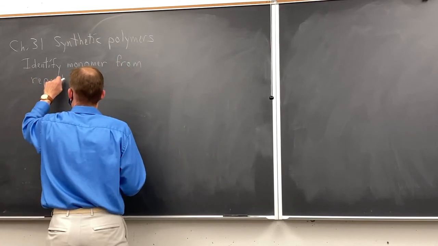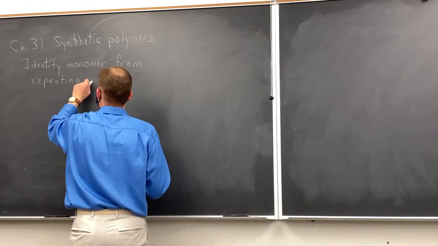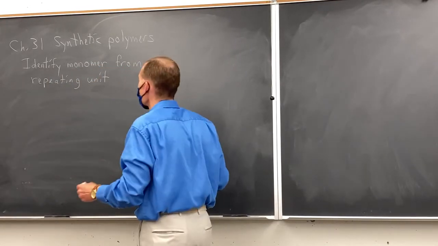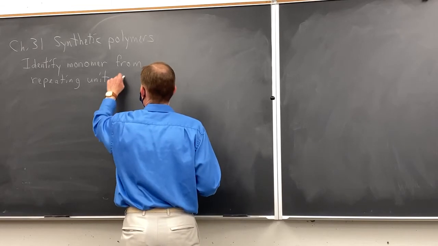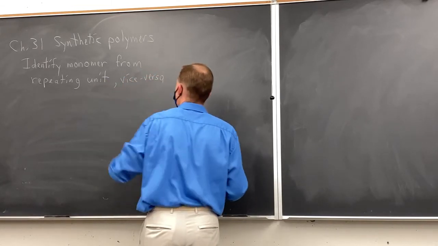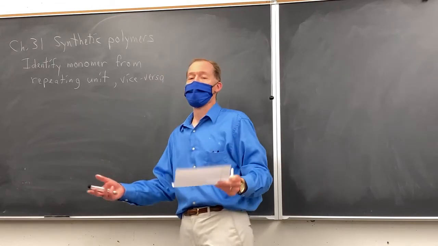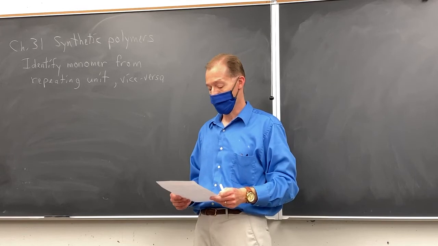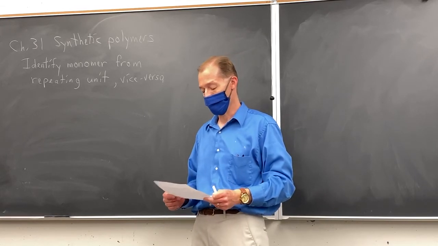If you're given the repeating unit, be able to identify the monomer. We had an iClicker question on that in class. And then vice versa, you should be able to do that in reverse. If you're given the monomer or monomers, you should be able to draw the repeating unit of that polymer. So both of those things are important.